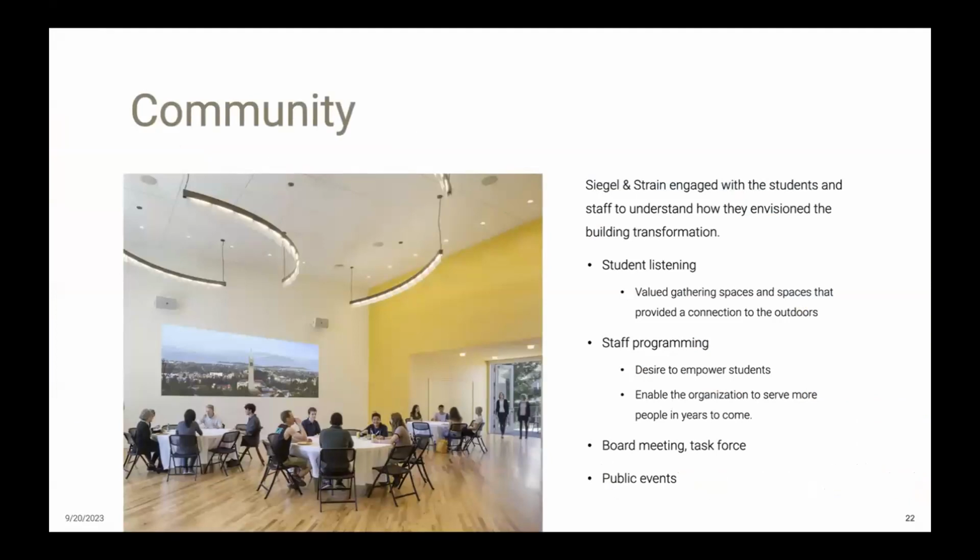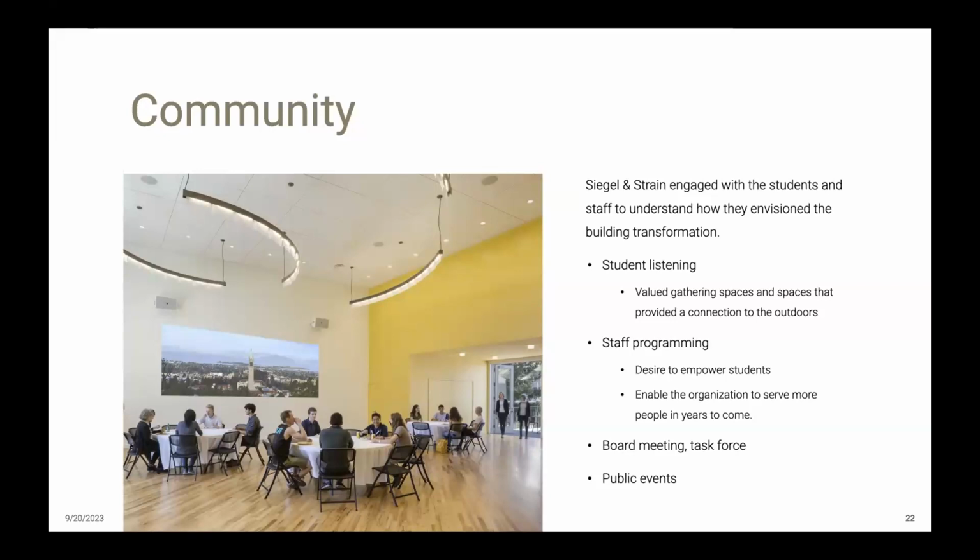So to understand how Hillel envisioned this building transformation, we started by engaging with the students and the staff. We held a series of student listening meetings with different groups of students. And from those, we learned that the students really valued gathering spaces where they could connect with their peers and spaces that provided a connection to the outdoors.